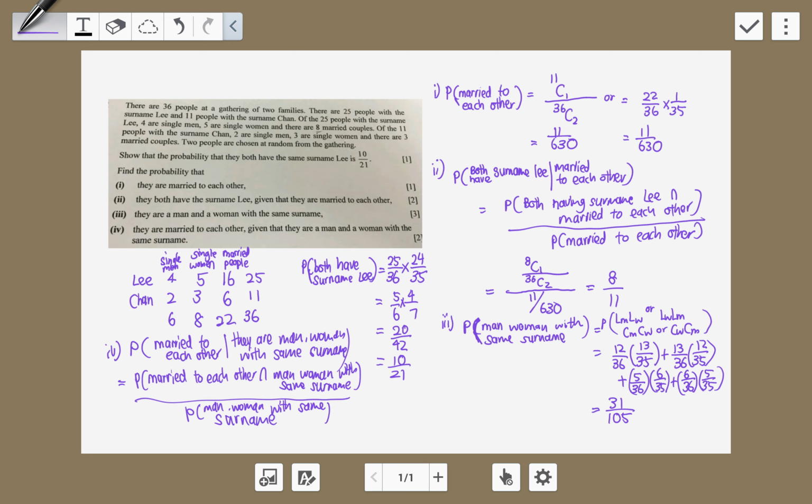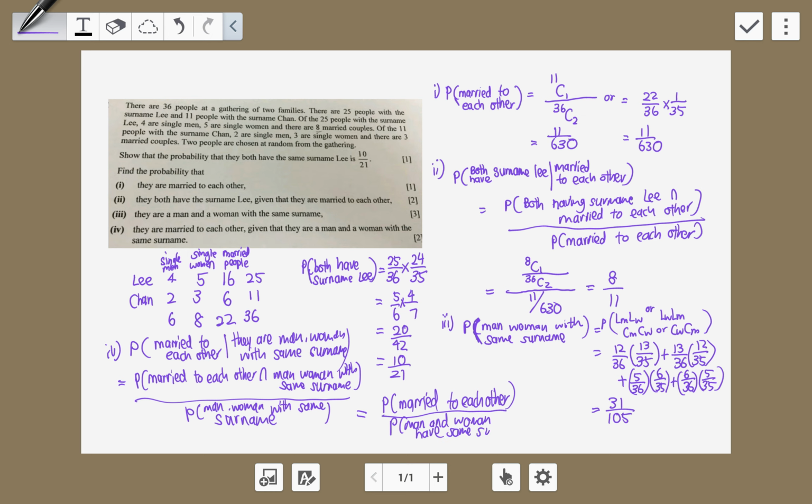All couples who are married to each other have the same surname. Therefore, essentially, the numerator is the same as the probability that they are married to each other, over the probability that a man and woman have the same surname.